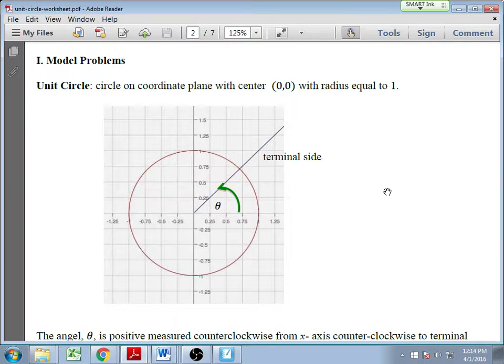So you can basically use this for trig, and that's exactly what we use it for, because you can manipulate that blue line, the radius, and make it the hypotenuse of your triangle.